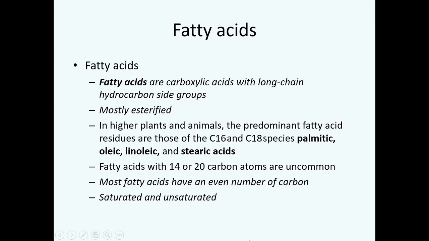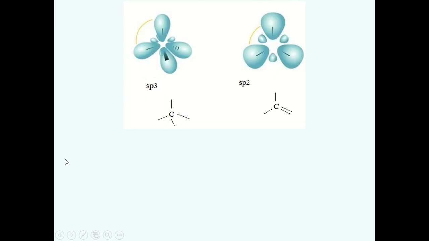Some fatty acids are saturated. That is, they contain carbon-to-carbon single covalent bonds. Others may be unsaturated. That is, they contain carbon-to-carbon double bonds in them. When carbon atoms form four single covalent bonds, the geometry of the molecule is tetrahedral as shown here.